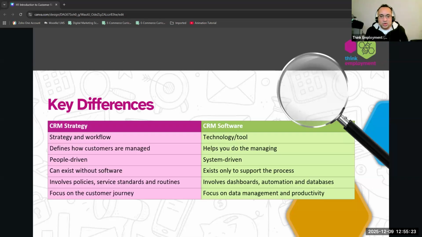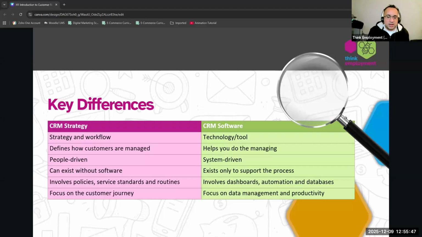So without the software, you can still focus on the customer journey, but what you won't be able to focus on is data management. Because if you're not using an application like CRM software, with everything in one place, then obviously you can't manage your data properly, right? Productivity is not there. So without CRM software, you're missing out on these things.